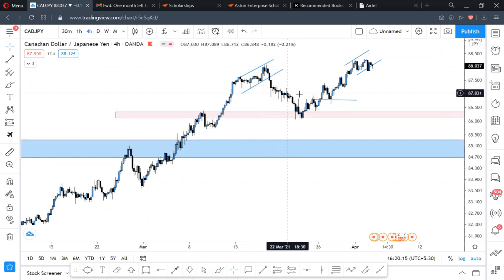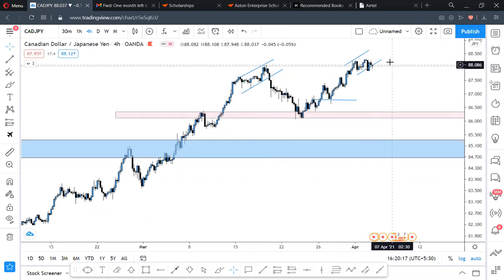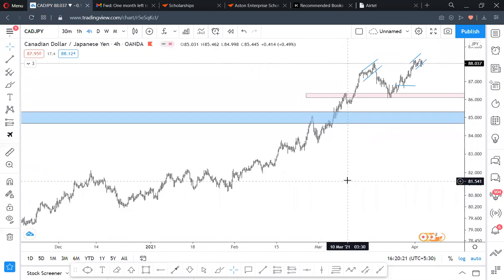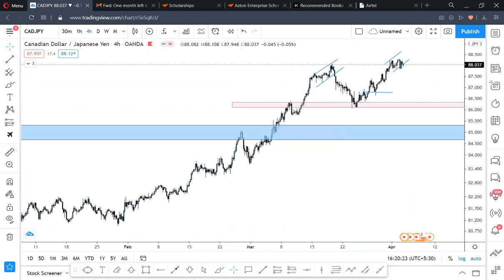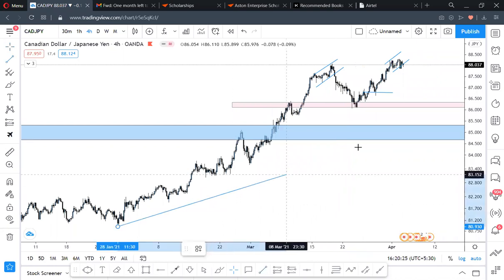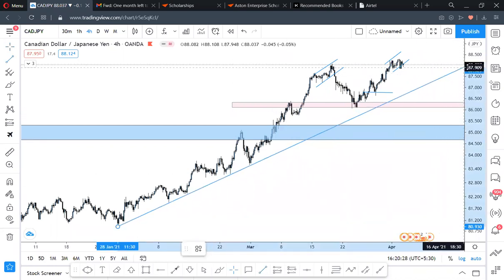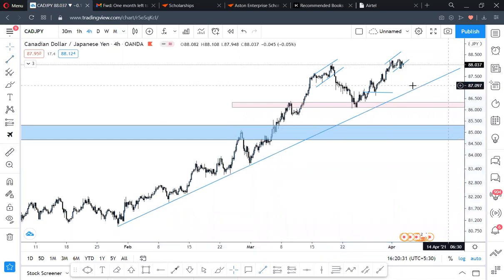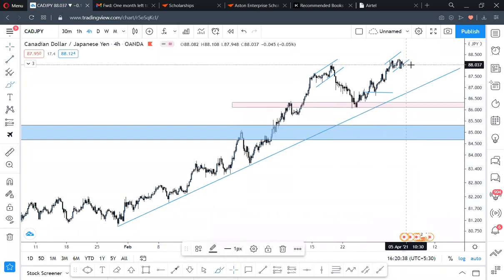So this is what I'm expecting, a retracement. Let me draw my trend line from this point. So there is room for them to come here. Do something of this sort, and we go up.